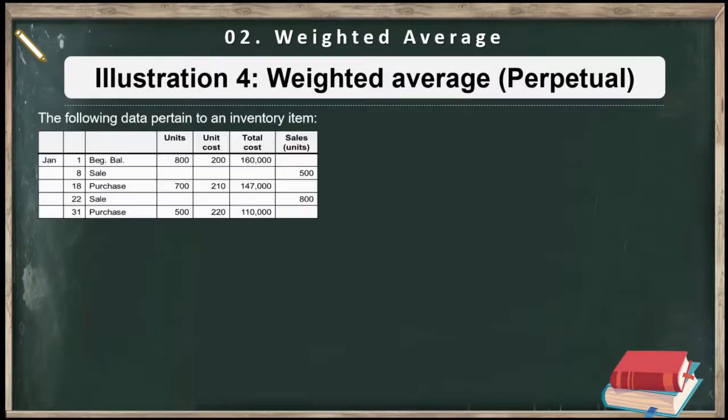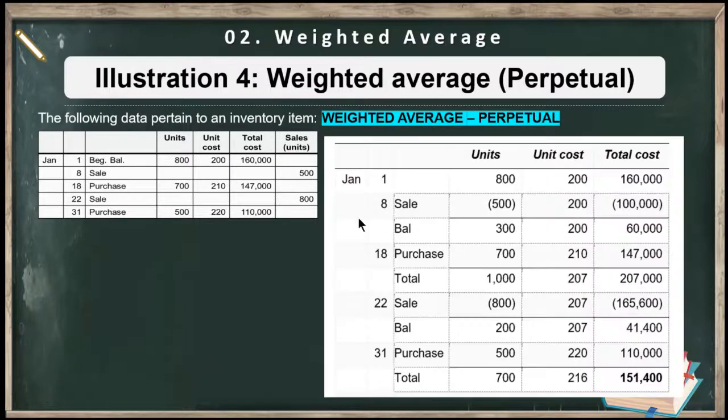For example, the same given earlier. So to get the total cost, you will start with the beginning balance and then there's a sale of 500, so deduct. Then times that by 200, that's 100,000. So the remaining balance is 60,000. And that's comprising of 300 units at 200 pesos.